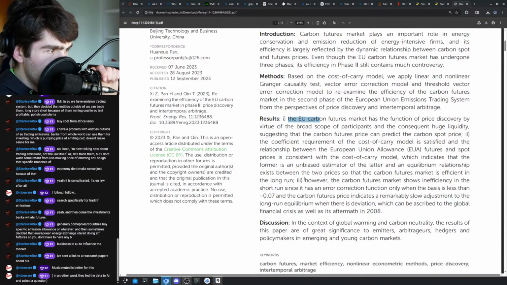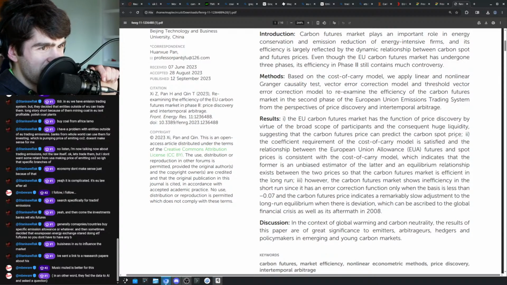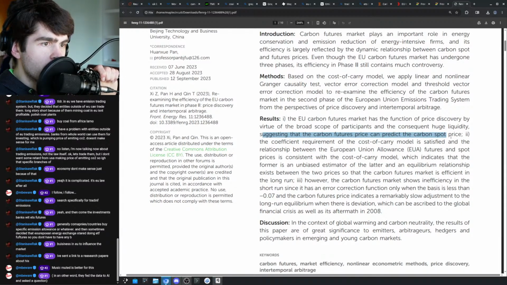There's multiple arguments to this? Okay, one at a time. The EU carbon futures market has the function of price discovery by virtue of the broad scope of participants and the consequent huge liquidity, suggesting that the carbon future price can predict the carbon spot price.